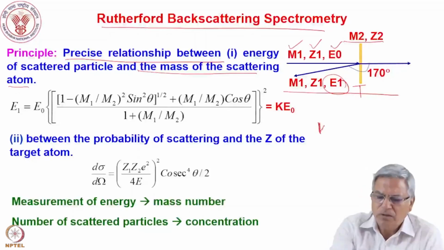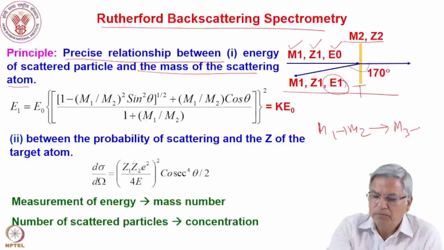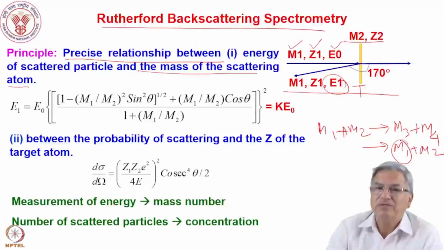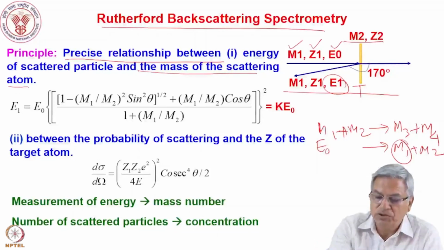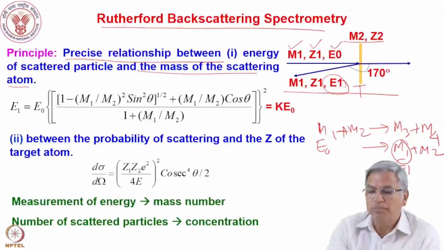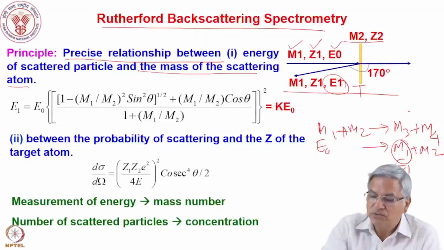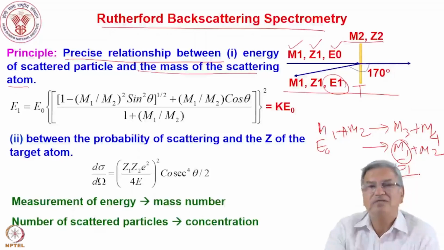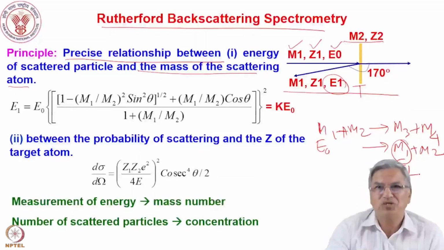You recall, M1 plus M2 gives M3 plus M4 for any nuclear reaction. But here it is elastic scattering, so it is M1 plus M2 only. Here the energy was E0, and the final energy is E1. And so this E1 is actually nothing but E3, you can say.